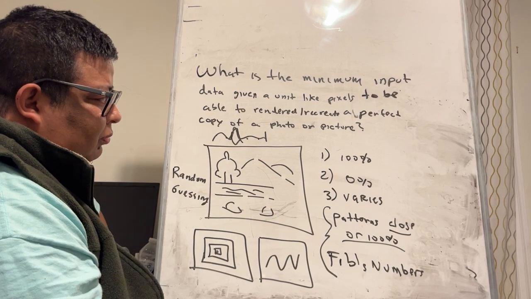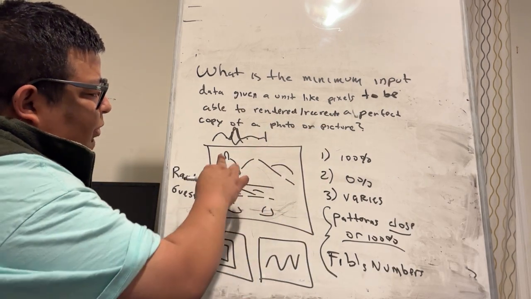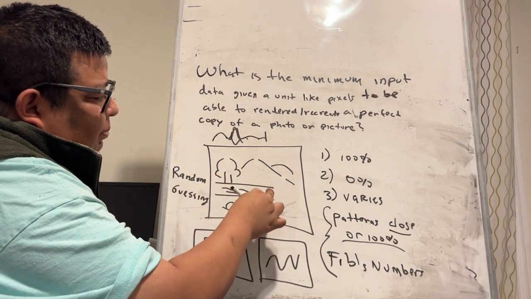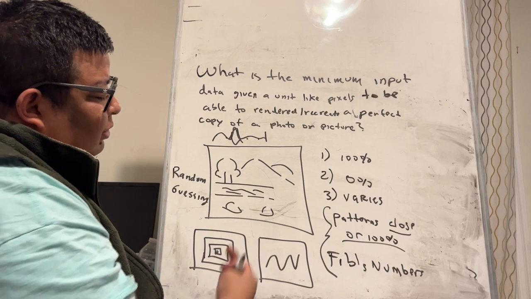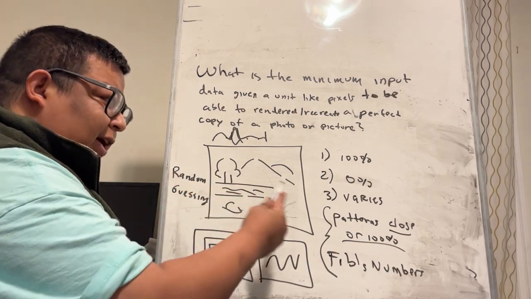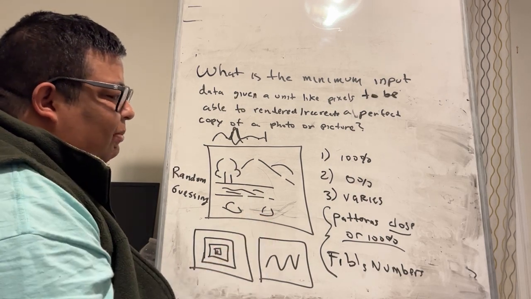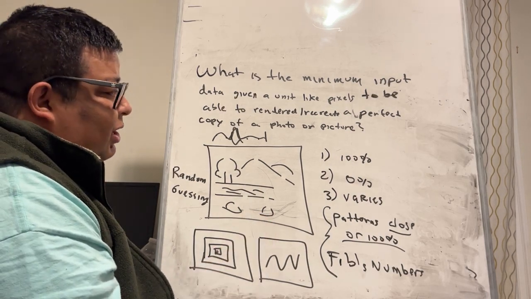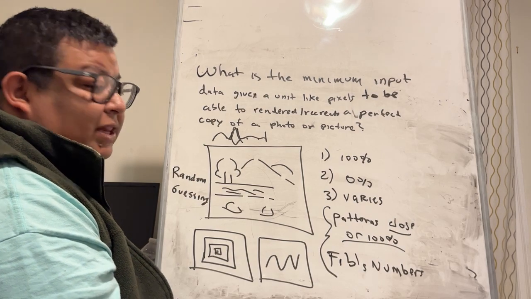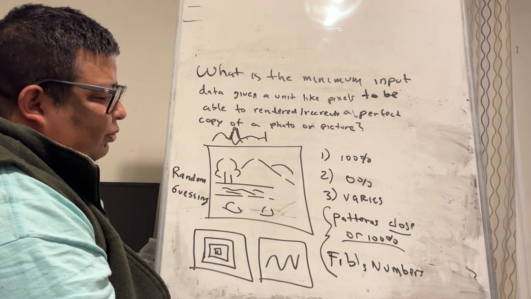So when I say what's the minimum input, I was talking about, in other words, how much I can take out or how much I should have in order to be able to render the original picture. And the answer to that is, it varies. If it is a pattern, the minimum input might be less than something like this that has irregular patterns.